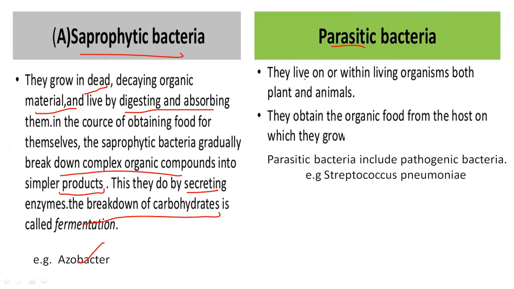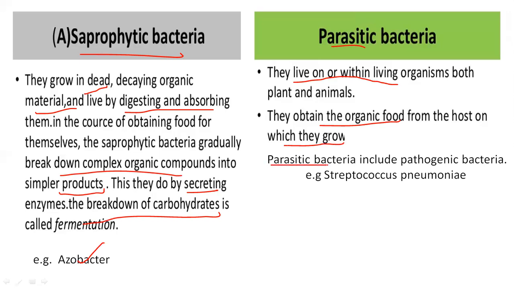Parasitic bacteria, we know them very well. They live on or within living organisms, both in plants and animals. They obtain organic food from the host directly, and they grow there too.